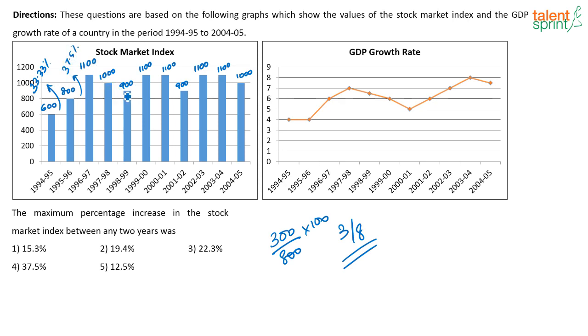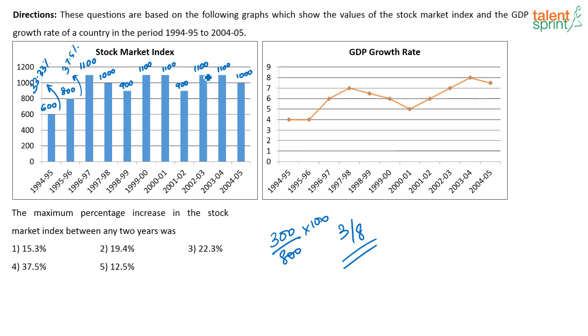So obviously these two cannot be the years. Again, you need not even find this out. Why? Here if you see, for this year, the difference was 1100 minus 800 divided by 800. Here it is 200 divided by 900, or 2 by 9. Definitely it's going to be lesser than this. So you need not find that out. Again here it is the same, here it is a decrease.